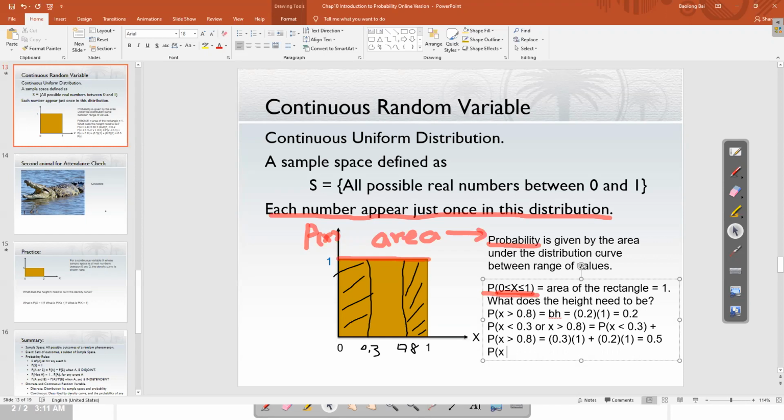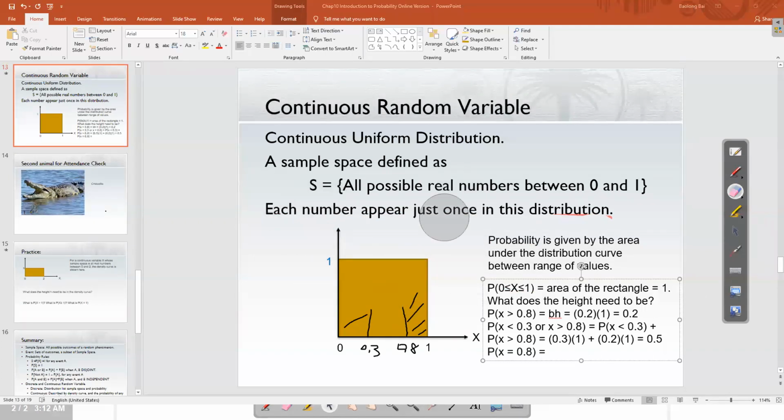So finding probability in the density curve for a continuous distribution is basically just finding area. And then another thing, what's the probability of x equal to 0.8? So 0.8 is right here. X equal to 0.8 is only this single line, right? What's the area enclosed by this single line by itself? 0, right?